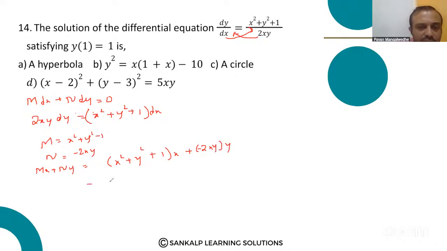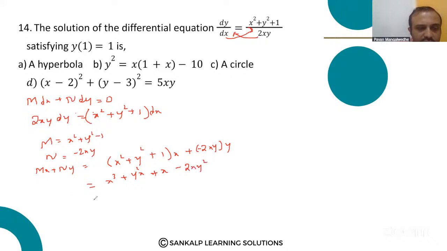So this can be written as x into x square, that is x cube, plus y square x plus 1 into x is x, minus 2x y square.